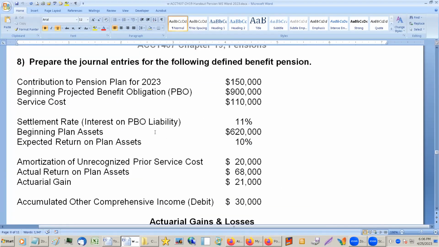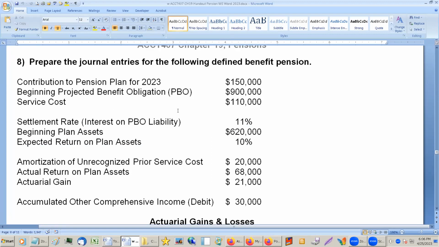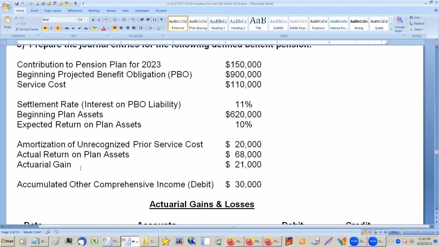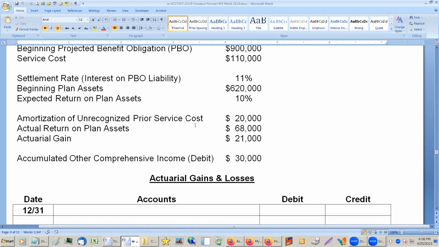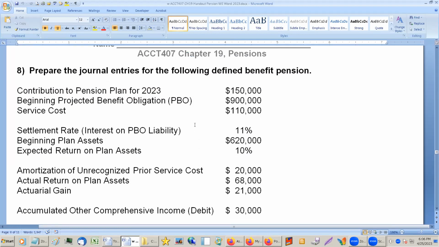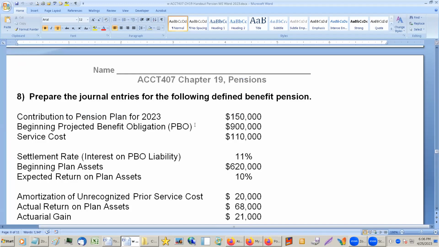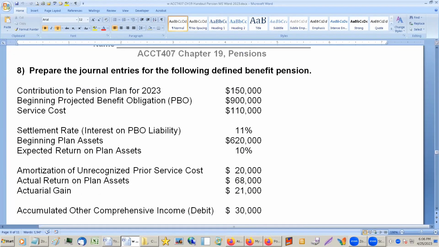Okay. Prepare the journal entries for the following benefits. Well, actual gains and losses, and this includes the unexpected gains and losses in the plan assets. Okay, so let's go ahead and take those first.